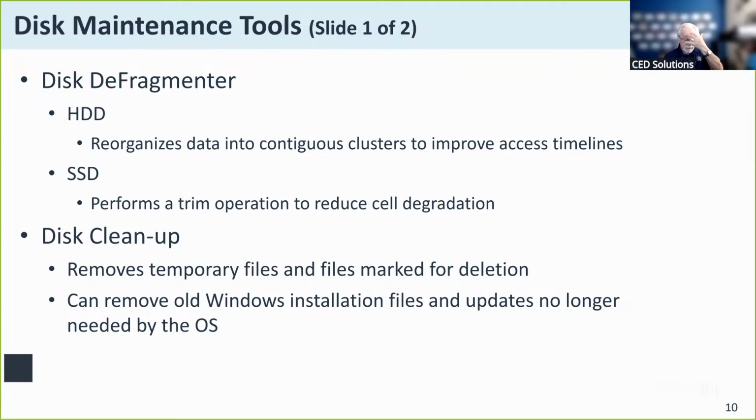Now, some of these, of course, actually drive administrative level functions. And in order to use those functions, of course, you'll have to have administrative access on the system. Disk defragmenter, another applet, allows me to basically clean the disk up.